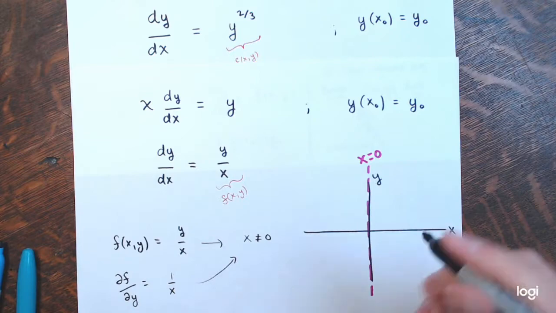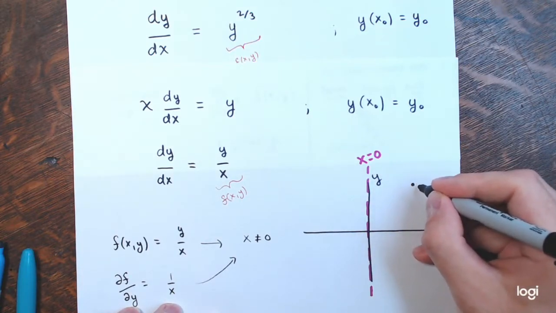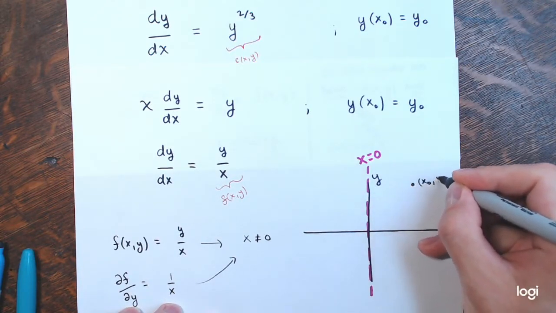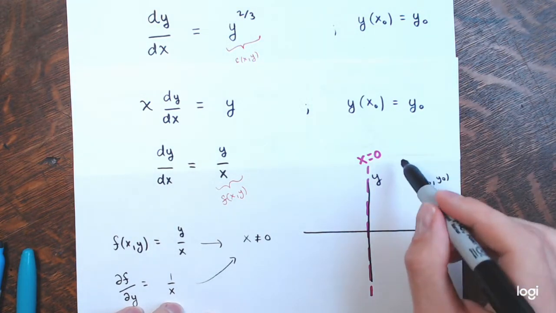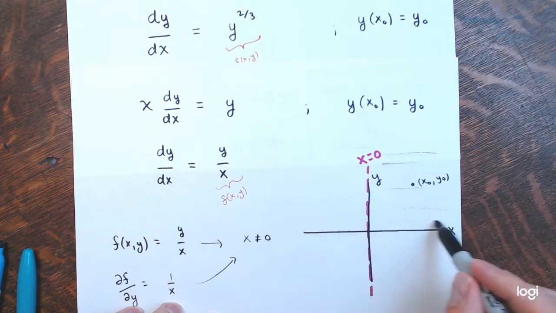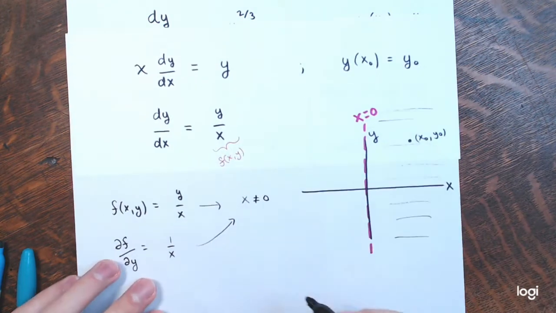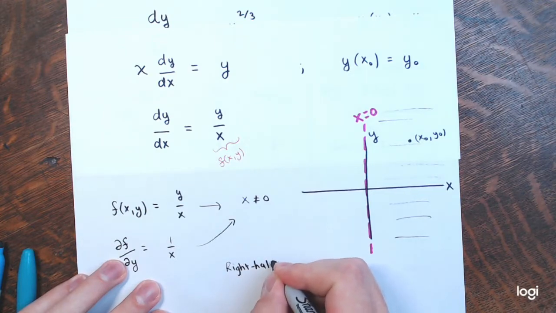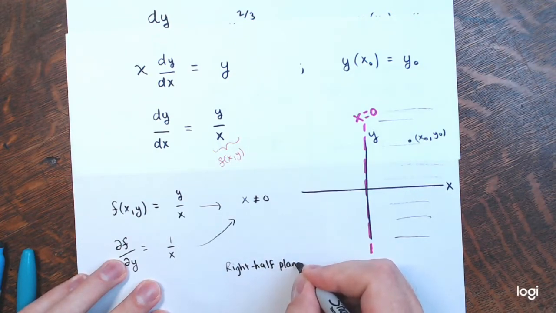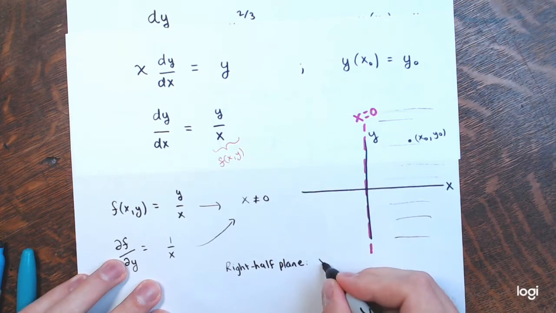So say the point was over here, say this was x0, y0 from the initial condition. Well, then the largest possible region I would use would be the right half of the plane, as the region being talked about. So basically any place where x is greater than 0.